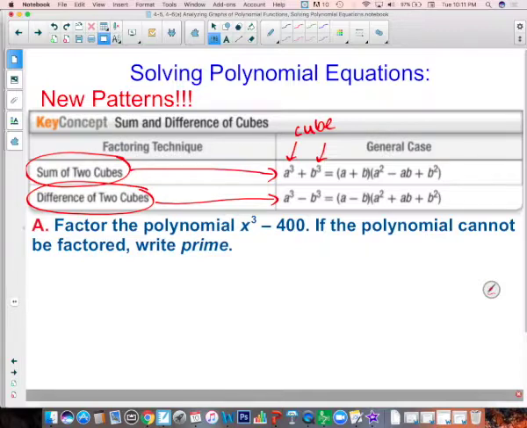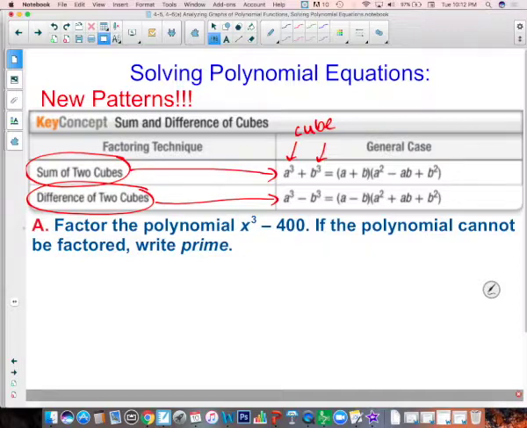So back to factoring. We want to factor that. So x cubed minus 400. Alright, so I look at these, and I'm going to ask myself, are these perfect cubes? Well, x cubed, you know that's a perfect cube. Now the 400, you might not know. Alright, so if you went into your calculator and you found the cube root button and you throw in 400, well, that's not a perfect cube.